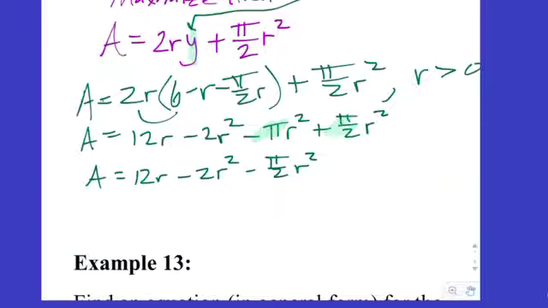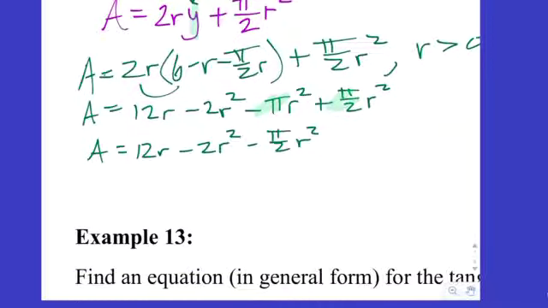Now again, what do you notice about the graph of the area in terms of r? It's an r squared, so it's a quadratic. Your leading coefficient is -2 minus pi halves, which is negative, right? So again, this thing opens down. If it's a parabola that opens down, you know for sure that the local max location is also the absolute max location. So we're heading in the right direction. I just need to take the derivative and set it equal to 0.